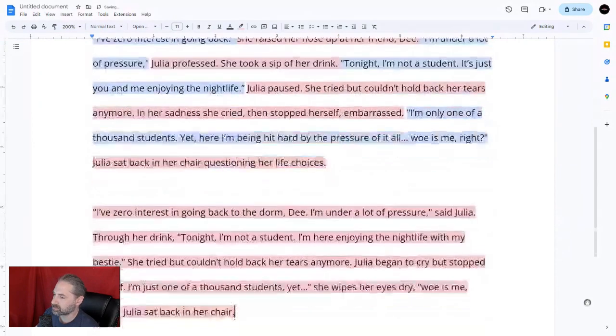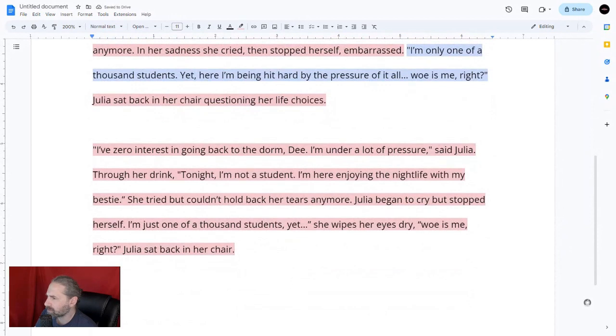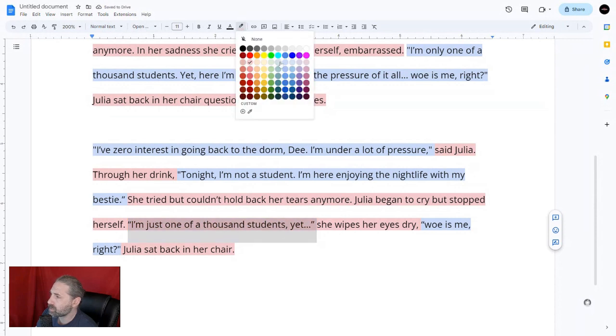I pre-wrote this, but what's going on here? Woe is me. She tried but couldn't, and Julie began to stop herself. Okay. So if I wanted to, I could play with it.